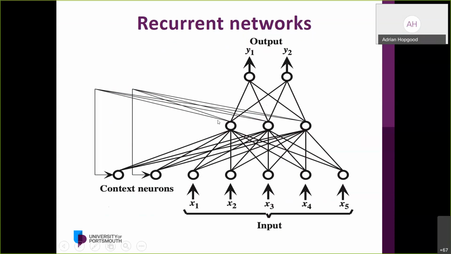What's happening here is there are connections from the output of the network back to the input. That gives that sequential context. So with every set of new inputs that's being presented, you're also presenting the previous set of output information.